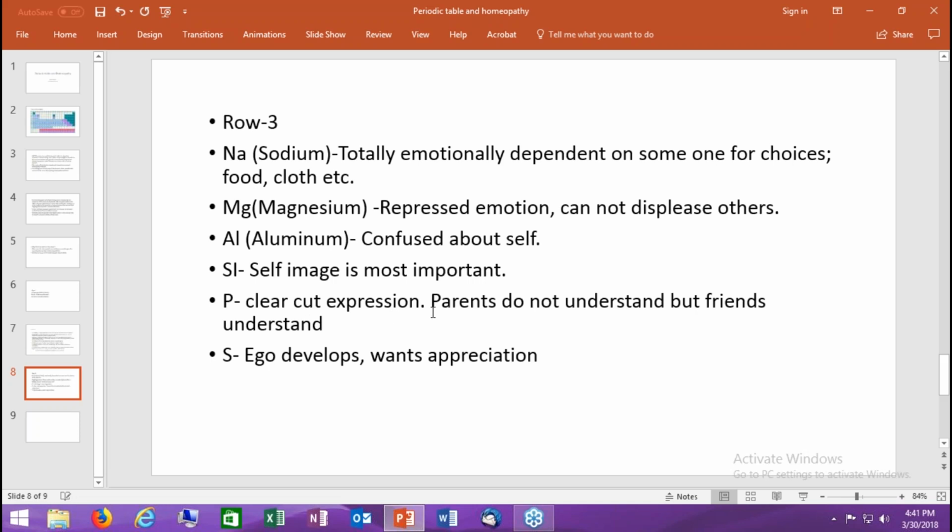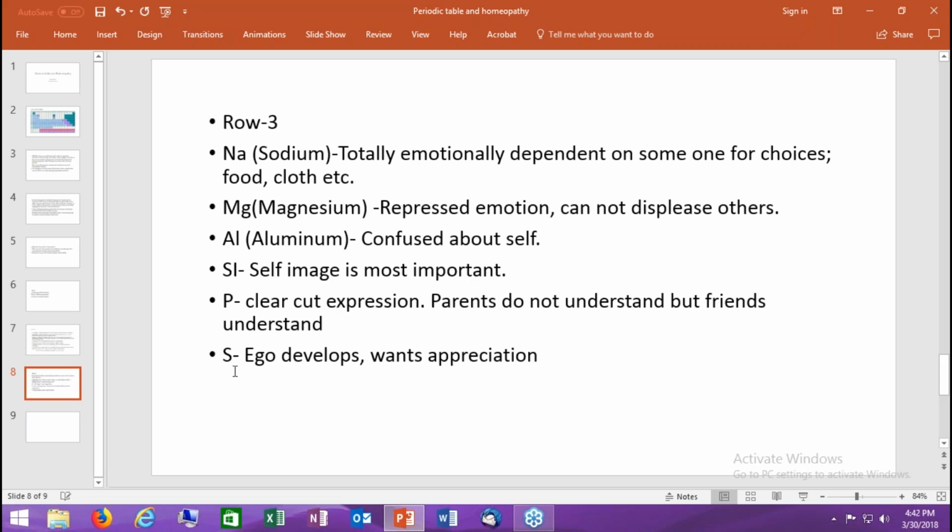So very clear-cut expression the child will have, which is quite unexpected of his age, that is phosphorus. And there is a feeling that the parents do not understand me properly, but my friends understand me. So the friends are bigger supporters for me than the parents. Even though parents will be loving, that feeling will be there. That is phosphorus.